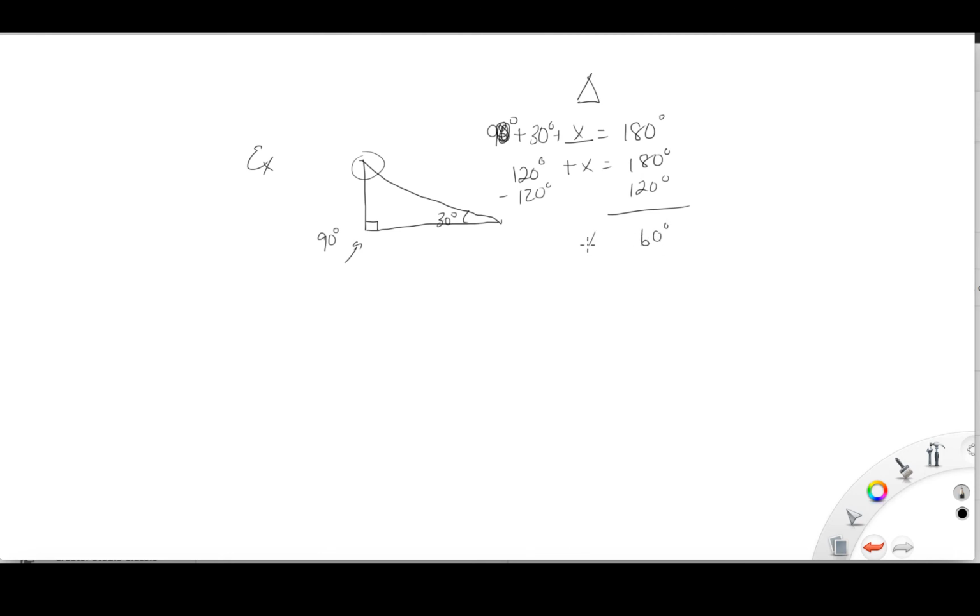It's 60 degrees. So I know that this angle right up here equals 60 degrees. So I can find out the unknown angle. So angle A equals 60 degrees. Well, what does B equal? B equals 30 degrees, and so on. Pretty simple how to do that.